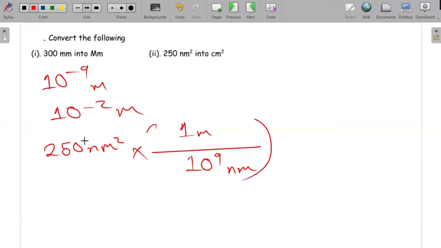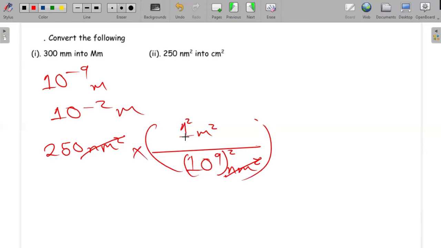And remember, if we are dealing with a square, we're supposed to square our conversion factor, which means we are going to have a square there, a square there, a square there. Then the nanometer squared is also going to carry a square, so this square nanometer is going to cancel out with that square nanometer.